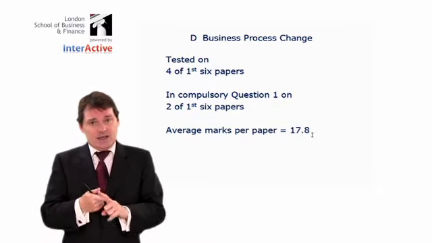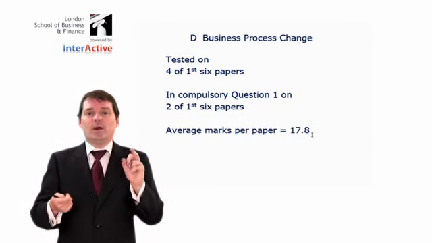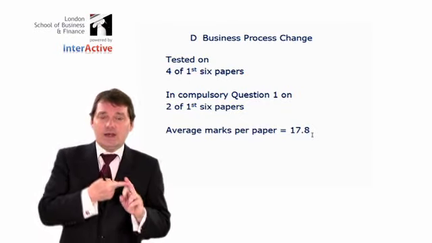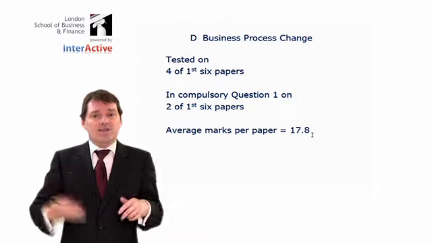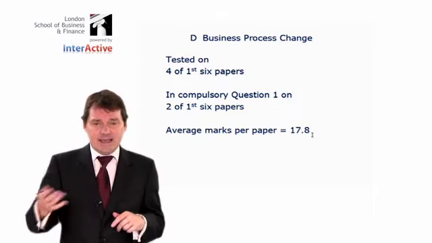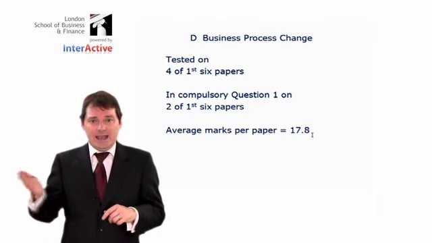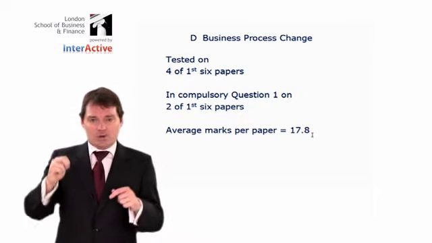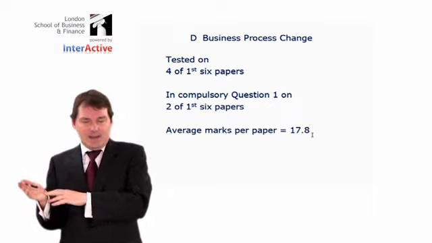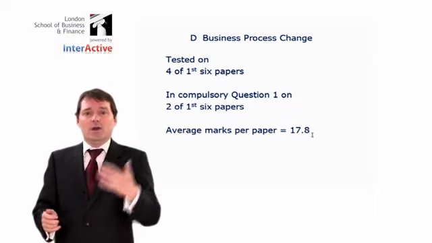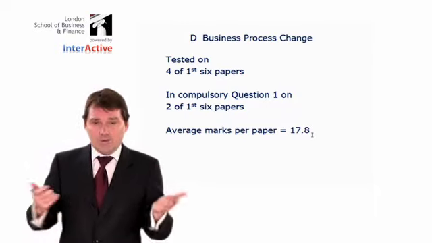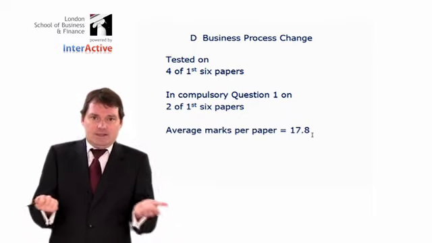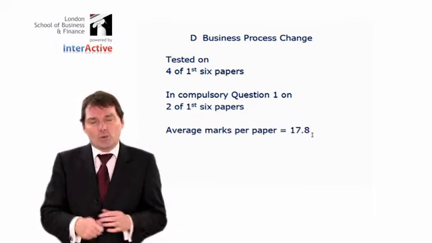Now, the other thing is, as well as being inefficient, it might also be ineffective. I am the customer. If my application is going to be seen by 75 different people, it may well take 6 months before they've all ticked their boxes and signed the bits of paper they need to do, by which time it's too late. I wanted the loan now, and you're going to take 6 months to give it to me. So what will I do?